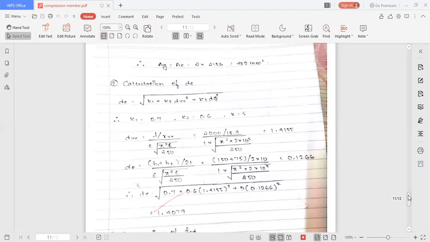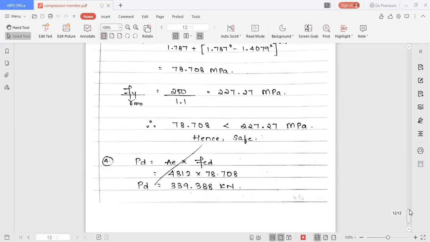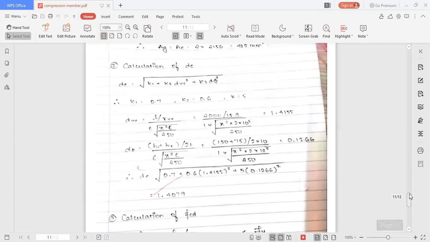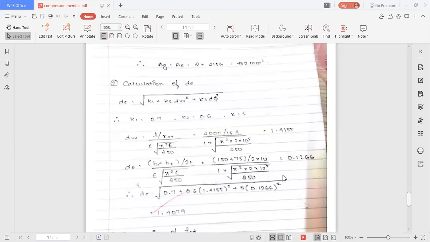I hope everyone knows how to take the values of K1, K2, K3 from your IS 800 2007. All the formulas for lambda VV as well as for lambda phi are there in your IS code. Refer your IS code. The formula for lambda VV is L upon RVV into 1 upon epsilon into under root of pi square E upon 250. L is length, की value कितनी दी है 2 meter.